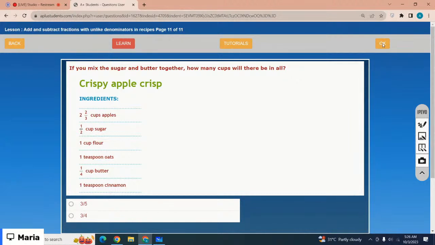Half and 1/4. Three over four. It is right. The correct option is 3/4.